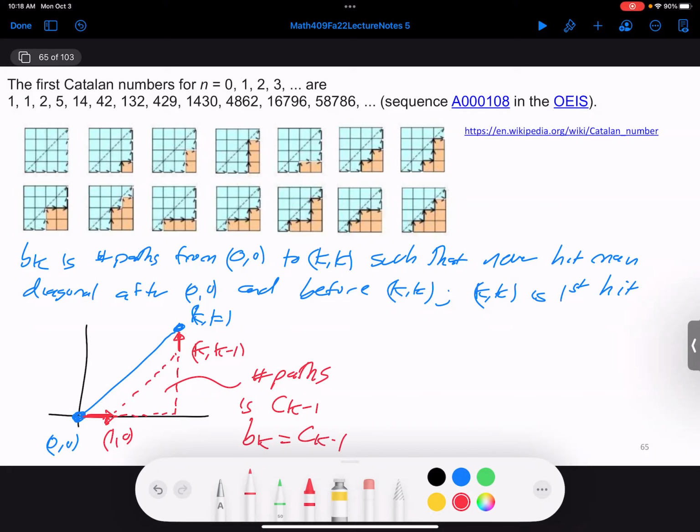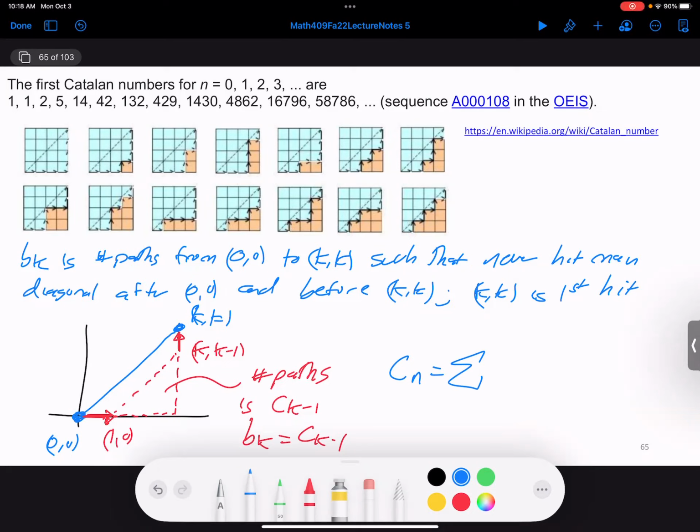And so now if I want to calculate how many paths there are of length n, what are the possible values for my first hit? I'm going to condition based on the first hit, just like with the Bird magic, where I'm conditioning on what basket was the first one that Bird made.